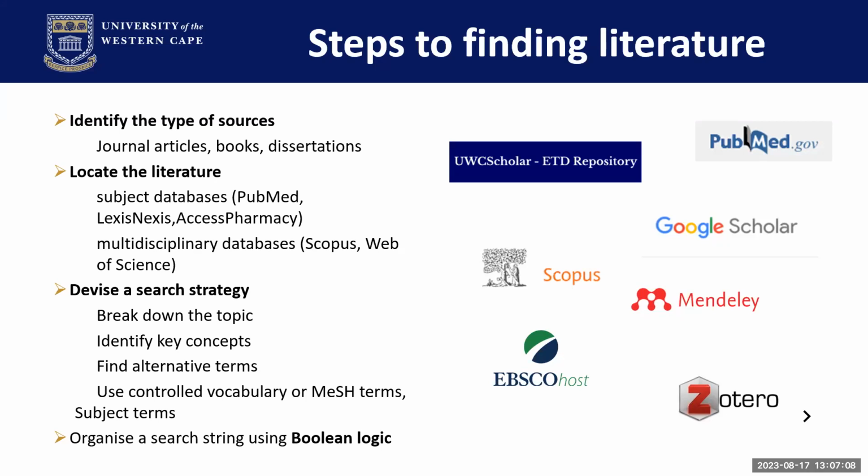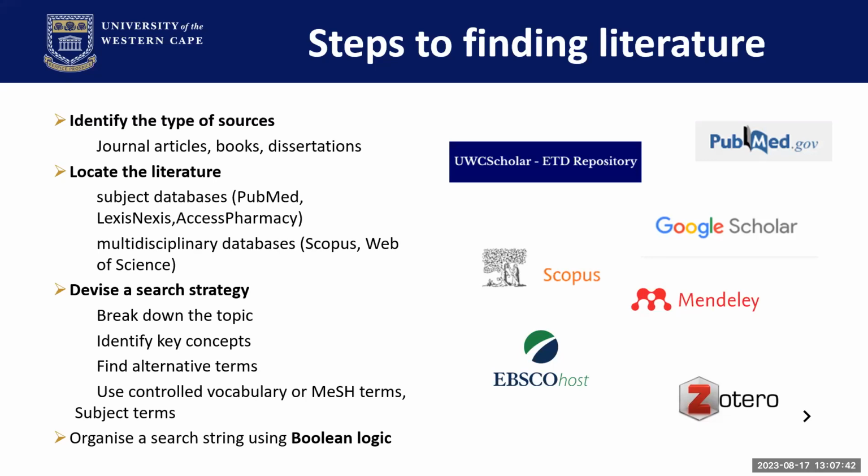But in terms of the other databases, there isn't really MeSH terms, but they do have a built-in controlled vocabulary, which is the one that pops up suggestions when you are typing a keyword on the database. Then once we've done with the breakdown of the topic, we'll organize the search string using Boolean logic so that we can insert the entire search string on the database.